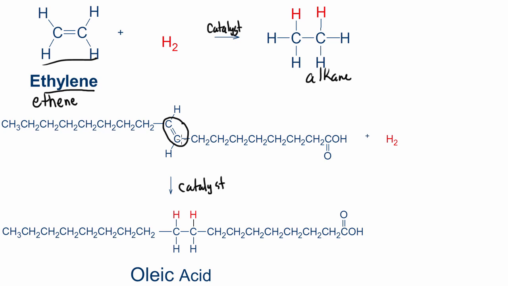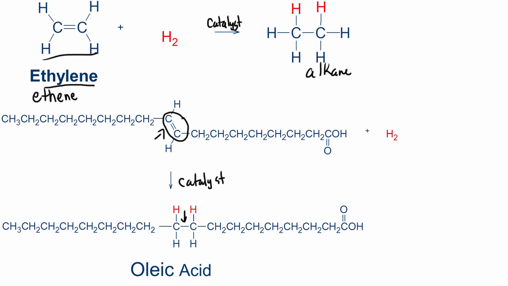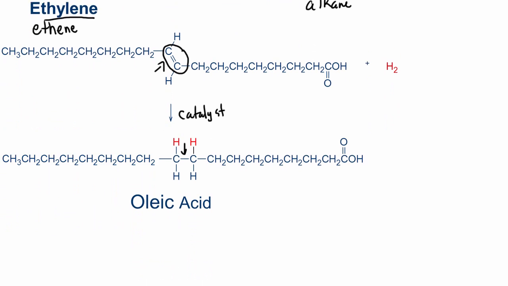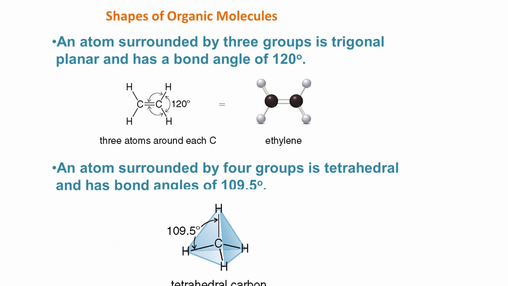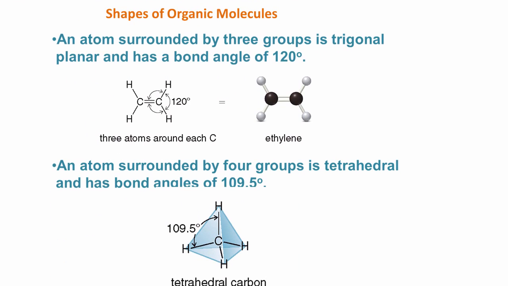In other words, hydrogen will be added to each of the double bonded carbons, so that now we've gone from a carbon-carbon double bond to a carbon-carbon single bond. So first we're going to talk about reactions in small molecules. Then in the second half of the course, we're going to talk about biological reactions that involve very large molecules. But the reactions are the same because of the functional group.